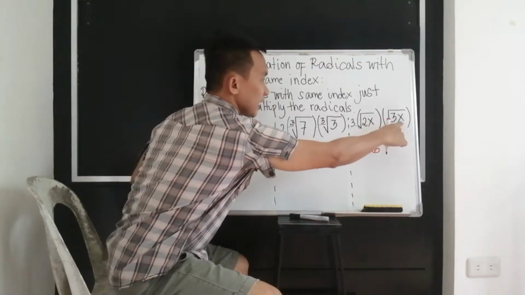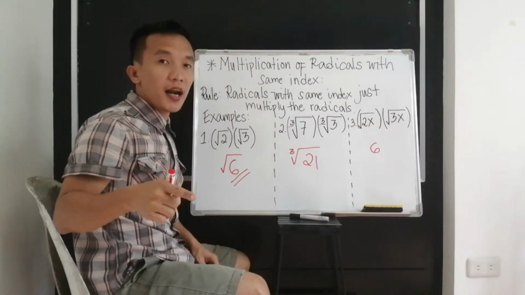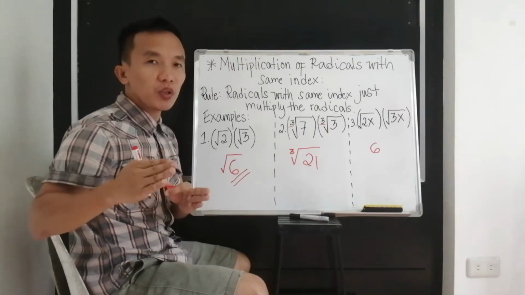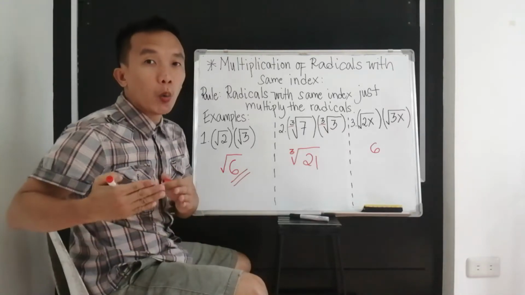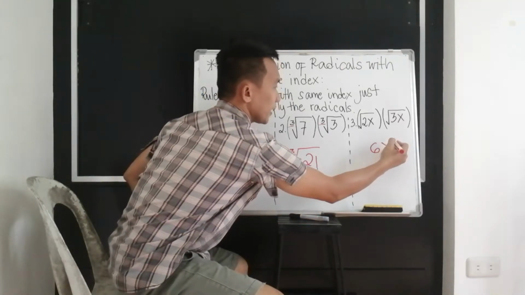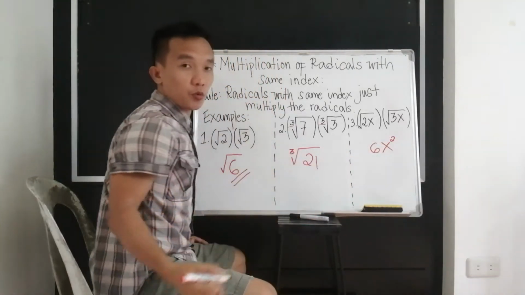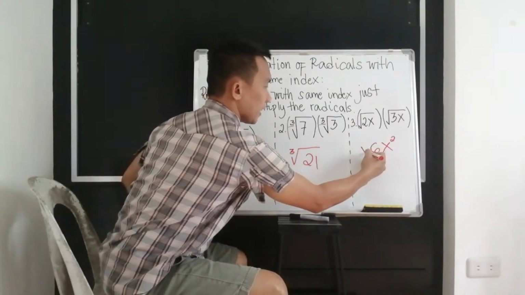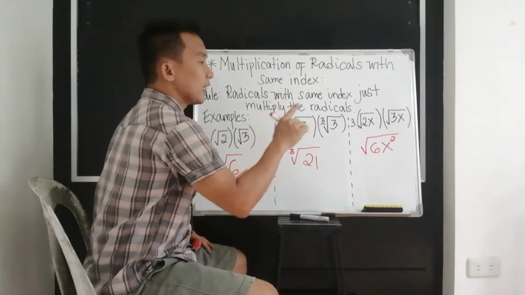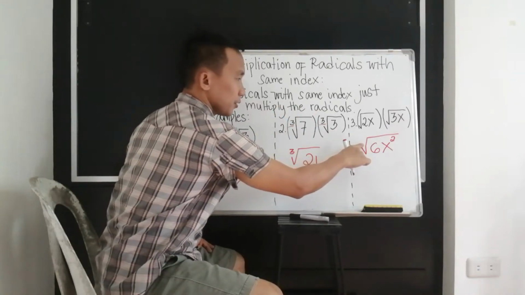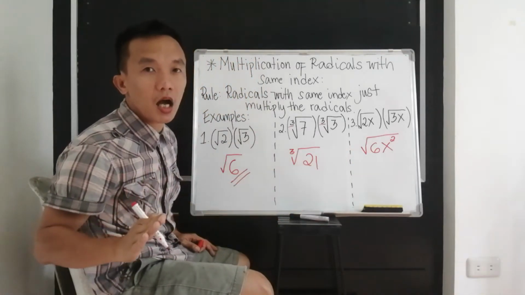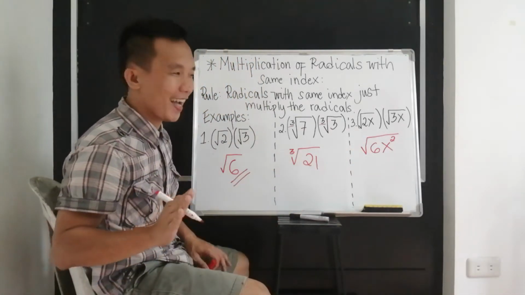And x times x, remember the laws of exponents: if you have the same base, we will just add the exponents when it is multiplication. So your x will become squared. And copy our radical symbol. And take note, since our index here is 2 and we have an exponent that is 2, we can extract our variable x.